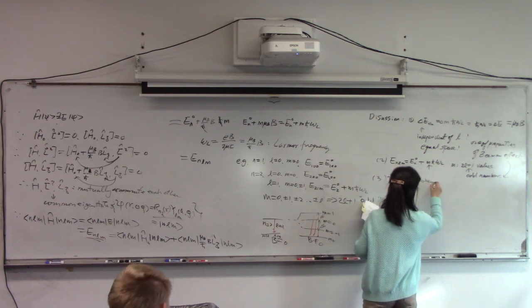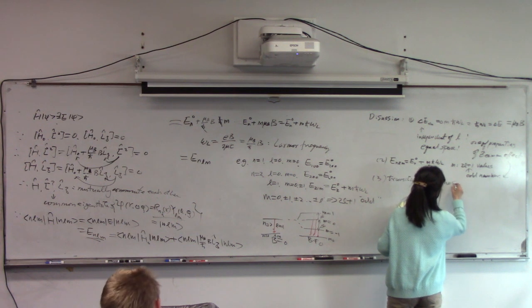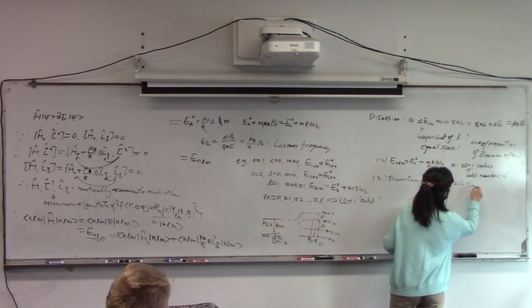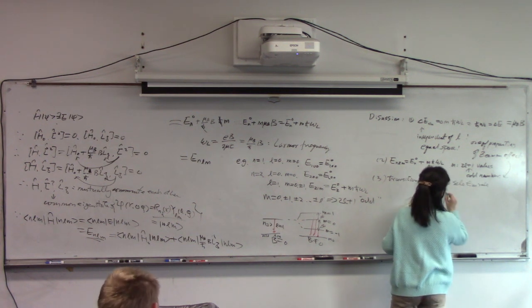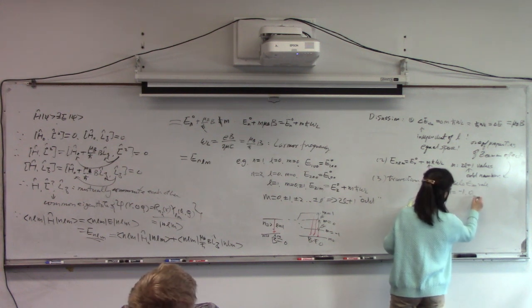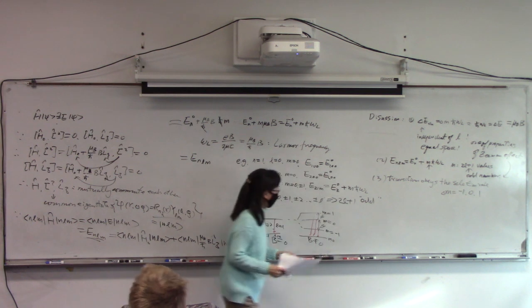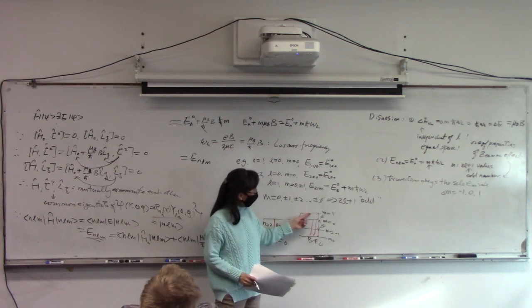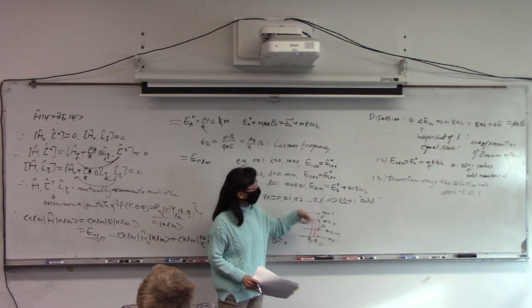Number 3, okay, so the transition obeys the selection rule. Not -101. So that is the transition. We know the selection rule, right?